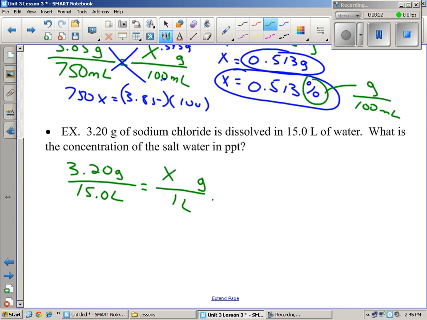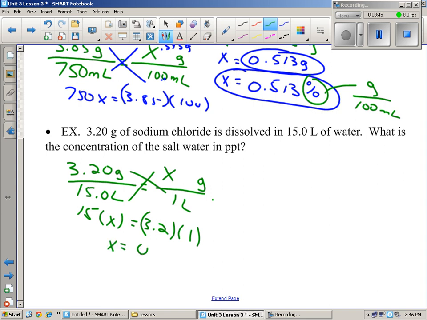However you wish to do it, that's a 15th as much, right? Divide by 15, divide by 15, yes? Cross multiply and solve if you want. Whatever. 15 times x equals 3.2 times 1. So 3.2 divided by 15, of course, for your answer.